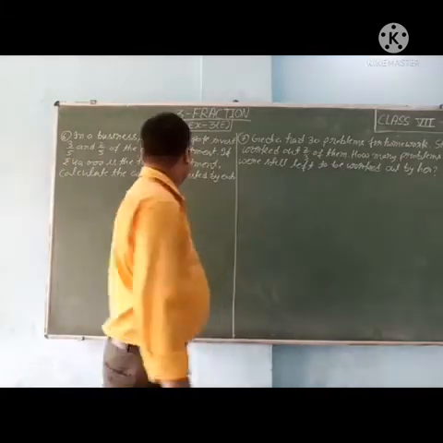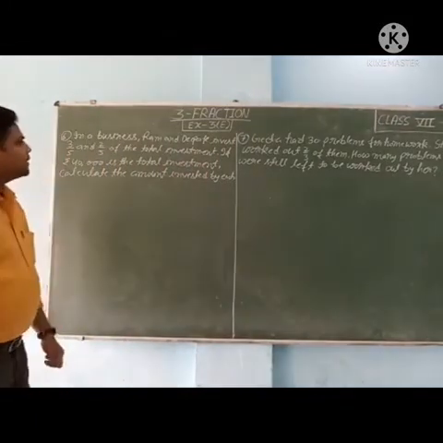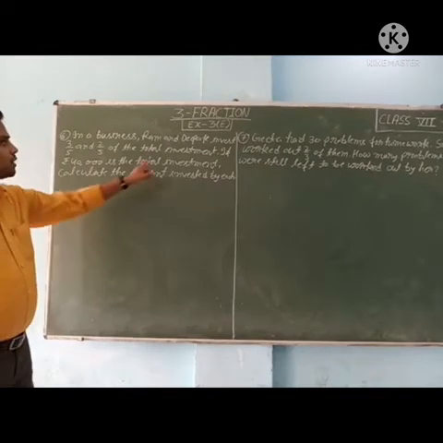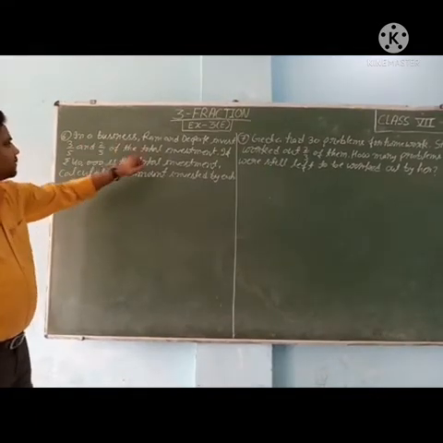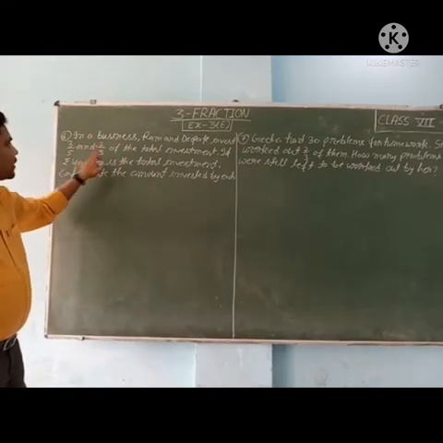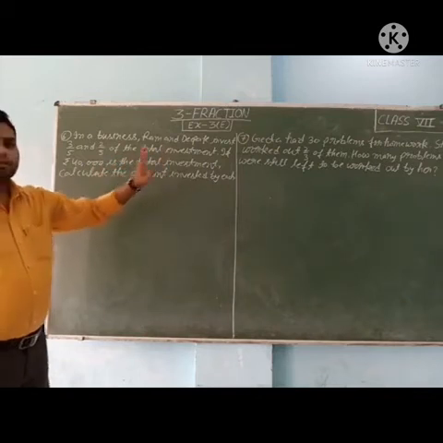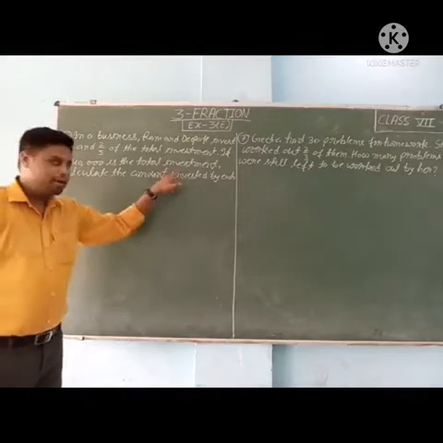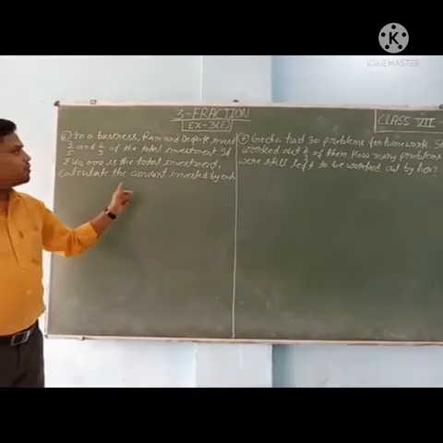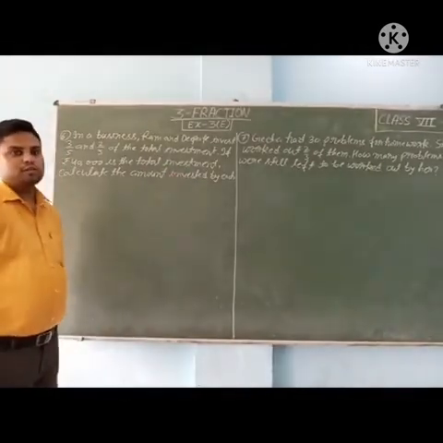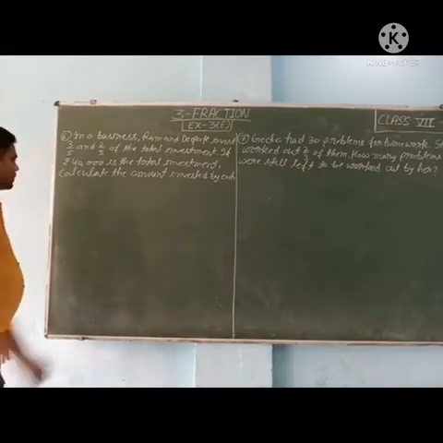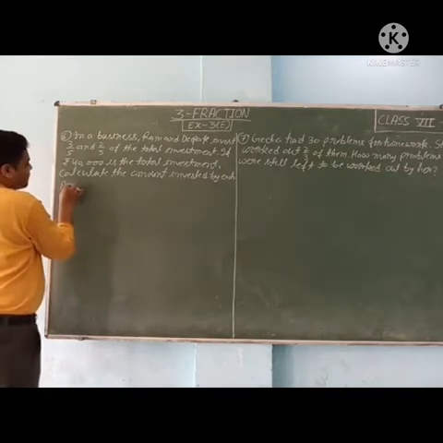Sixth sum. In a business, Ram and Deepak invested 3/5 and 2/5 of the total investment. If rupees 40,000 is the total investment, calculate the amount invested by each. So amount invested by Ram and amount invested by Deepak. Very simple sum.